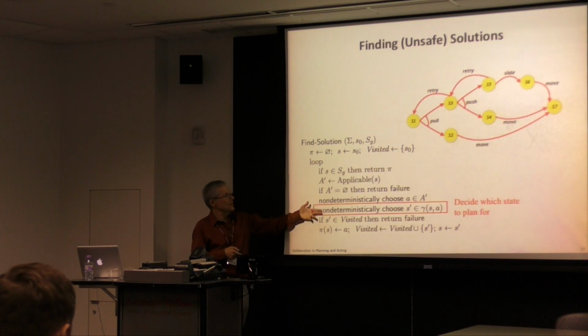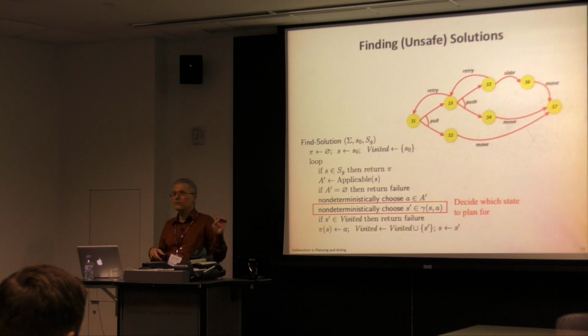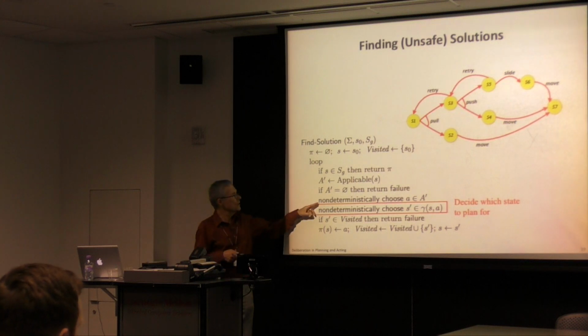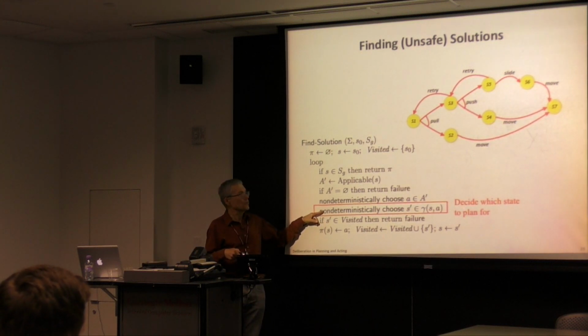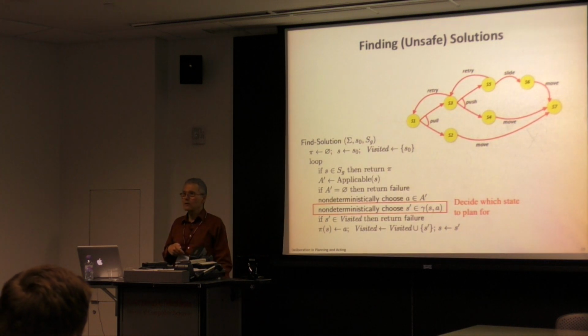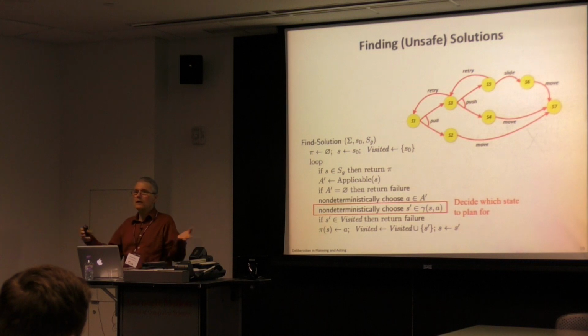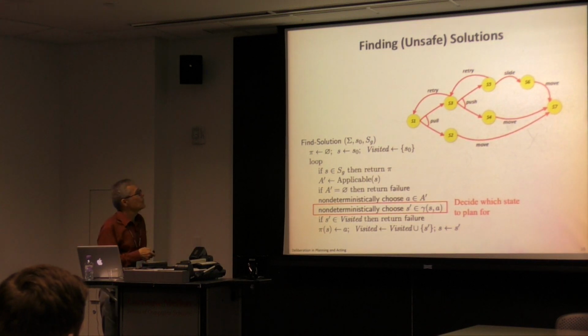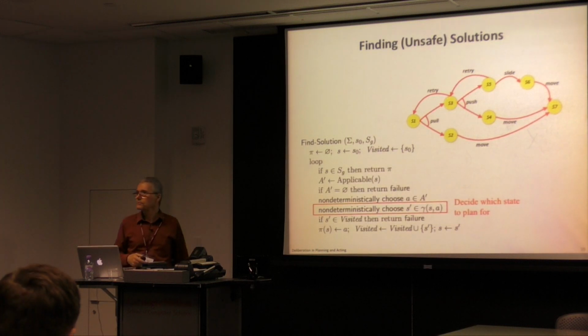Both of these, the and branches and the or branches, it is treating as non-deterministic choices. Here you have a choice of which action. Here you're making a choice of which state you're going to plan for. So this is deliberately going to plan for some states but not others. It'll provide a solution that's unsafe. Well, it's not a very good solution, but it's a simple algorithm.